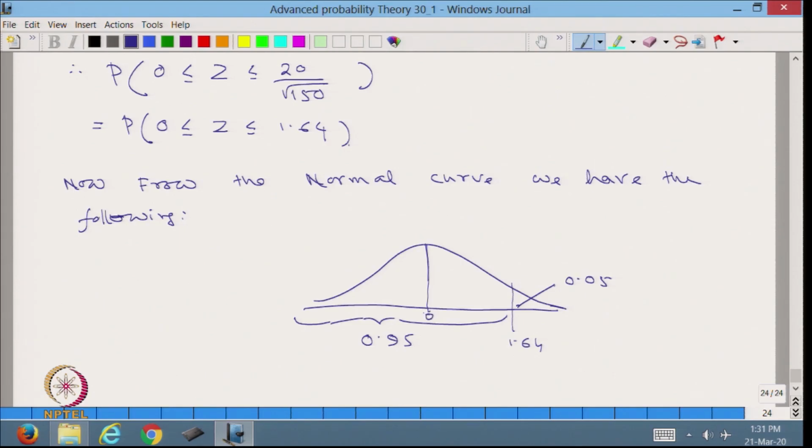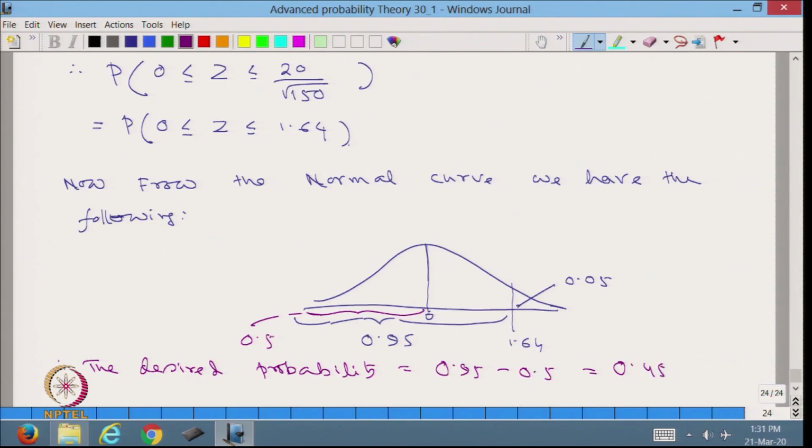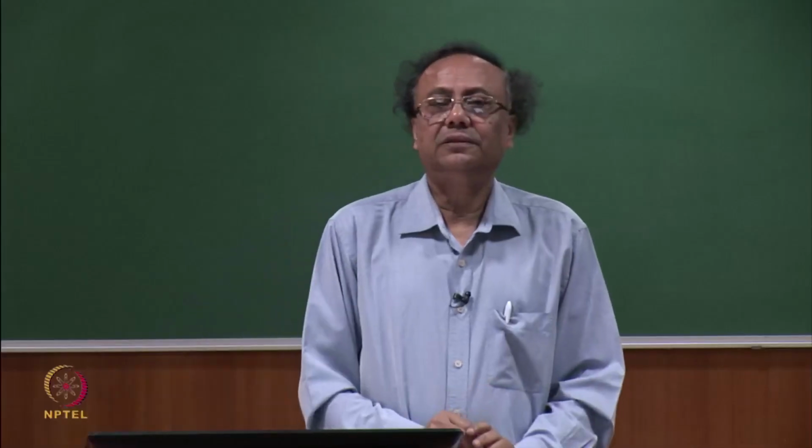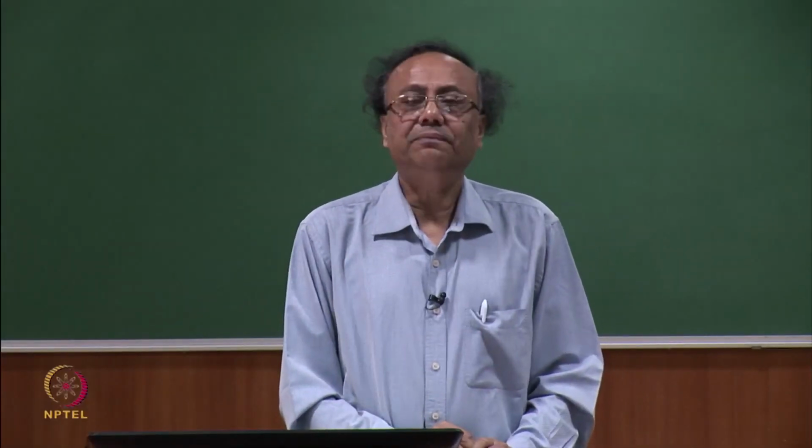This is 0, and this probability is 0.5. Therefore, the desired probability is equal to 0.95 minus 0.5, which is equal to 0.45.